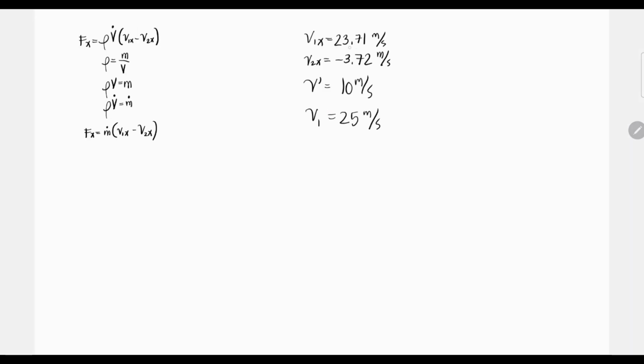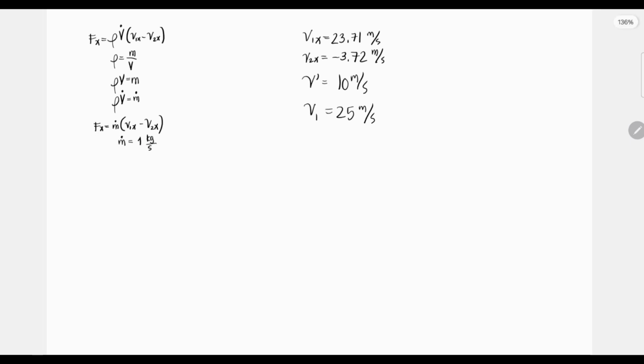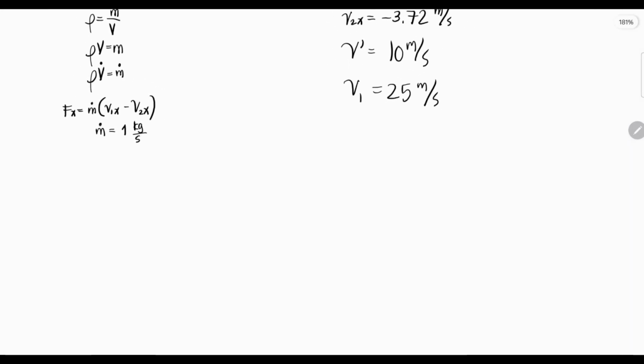So these are the values we found earlier, v1x and v2x. Since no mass flow rate was given, we can assume that the mass flow rate is equal to 1 kilogram per second. So we can now solve for F of x.